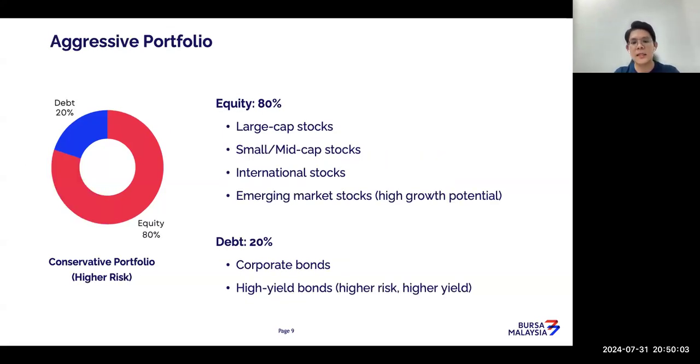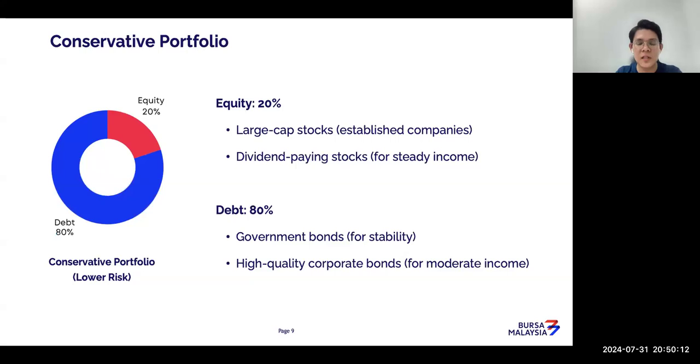Another one you can see here is emerging market stocks, which can also give you higher growth potential than others. In the conservative portfolio, you are just focusing on buying very stable companies, like blue chips, large cap companies, and you also focus on stable markets like the US, Malaysia, or other developed countries like Singapore, Japan or European countries.